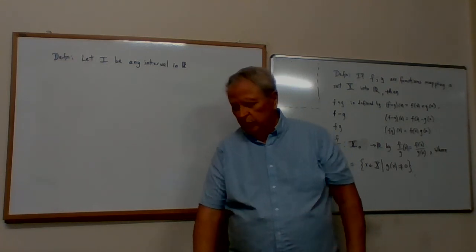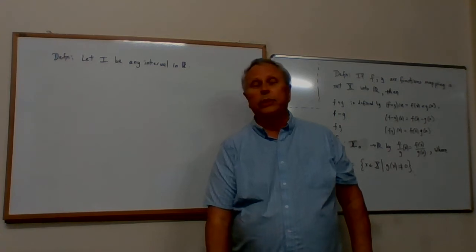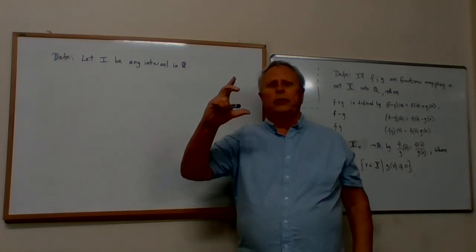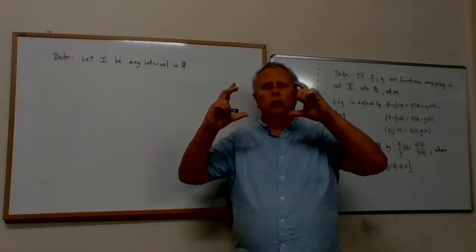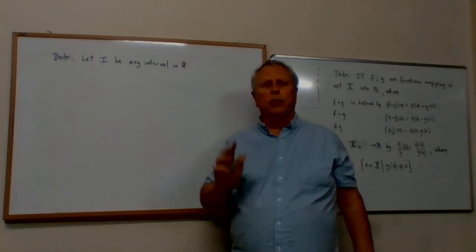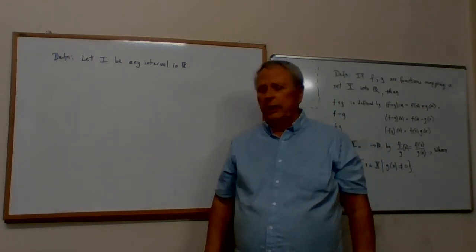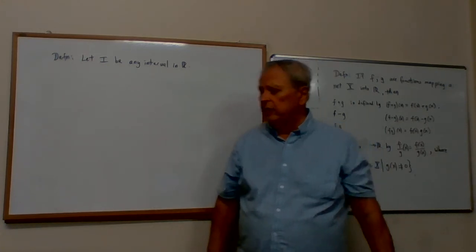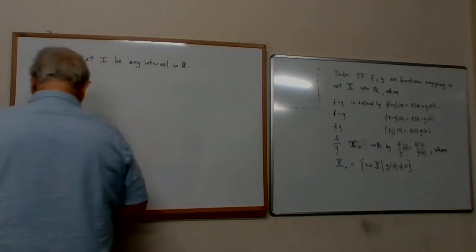There's a closed interval, which includes both of the endpoints. And then there's left open, right closed, which includes the right endpoint and excludes the left endpoint, and then you can do it the other way around. So there are 4 different types of intervals, and I don't care which one we're talking about. I is any interval in the real numbers. Okay?